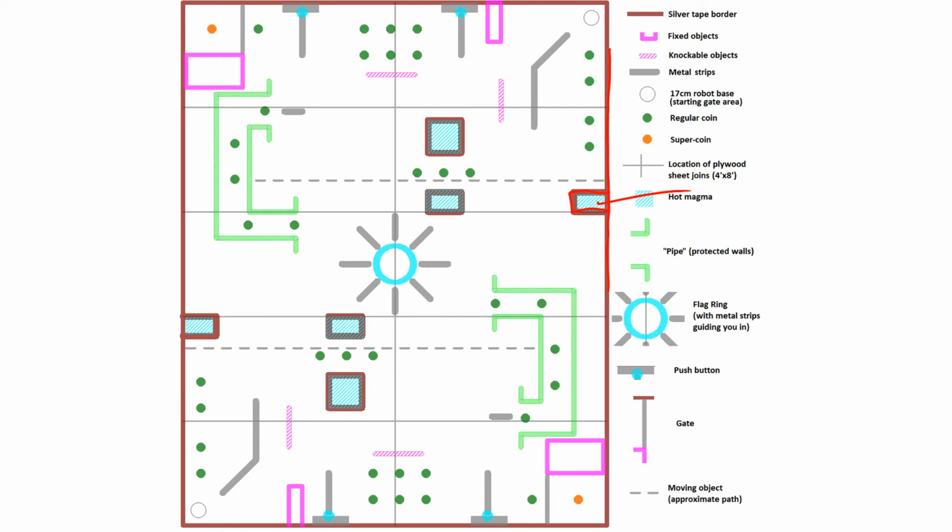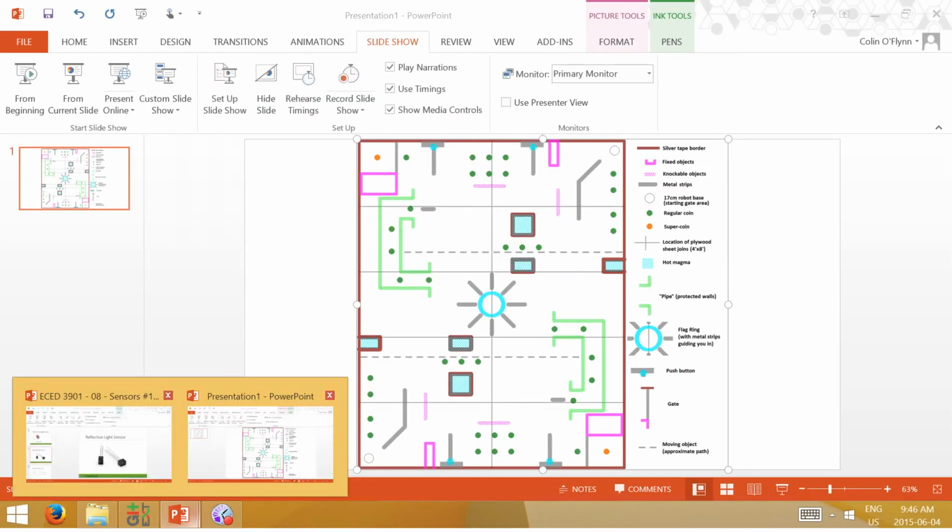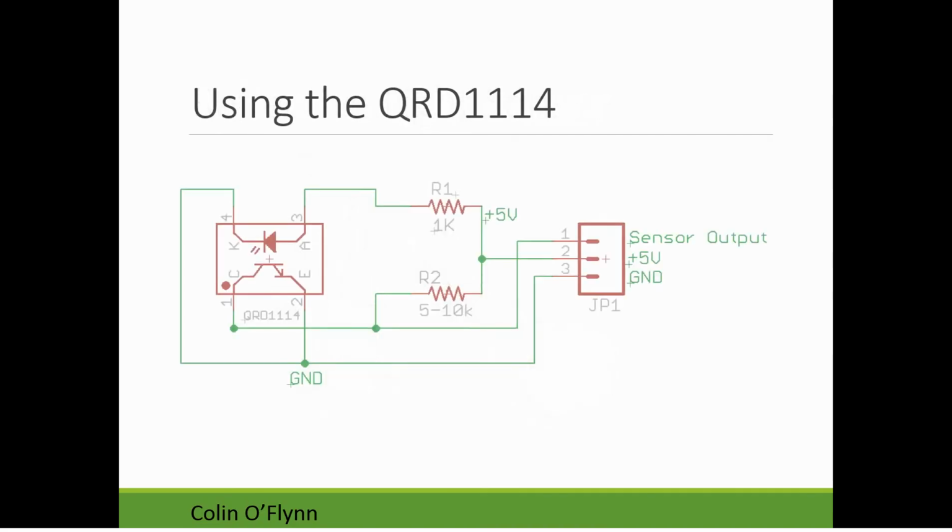So what you will want to do is use the reflective sensor, mount it out a little bit, to see that that tape is there, because you'll suddenly get a very strong reflective signal.